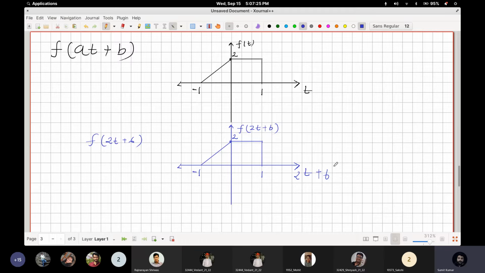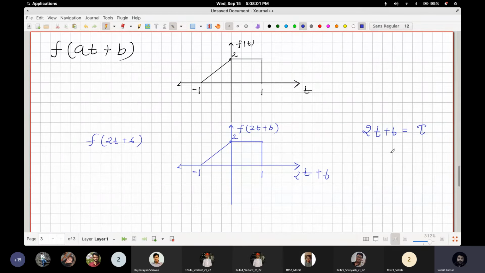But what I'm saying is that if I replace t with 2t plus 6, I will get f of 2t plus 6. It will be the same as f of t versus t. Instead of t, we will have to write 2t plus 6. Now from here, what we have to do is get t only and not 2t plus 6. So let me just write it like this: 2t plus 6, and let me write 2t plus 6 is equal to some constant tau.